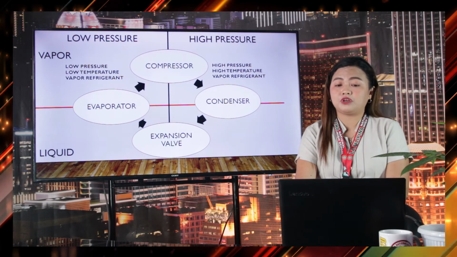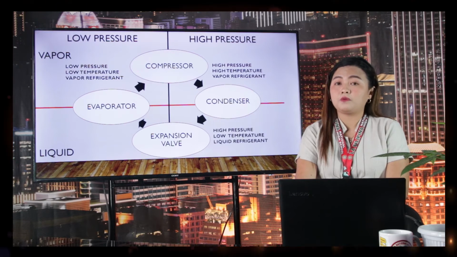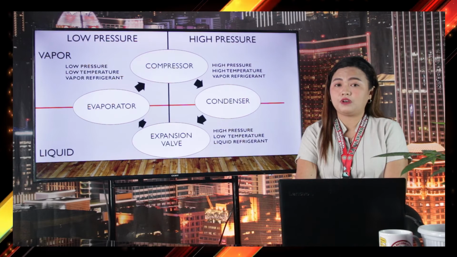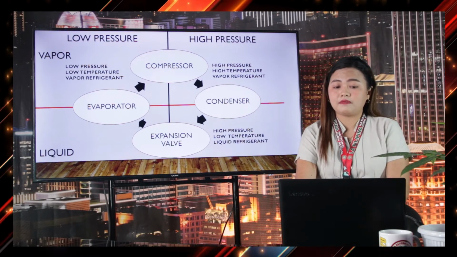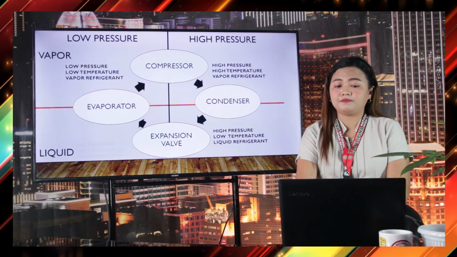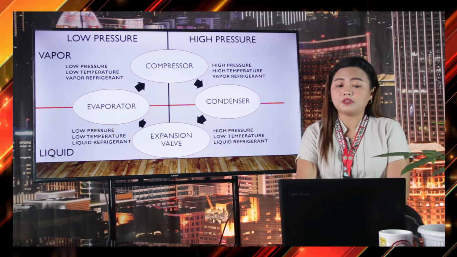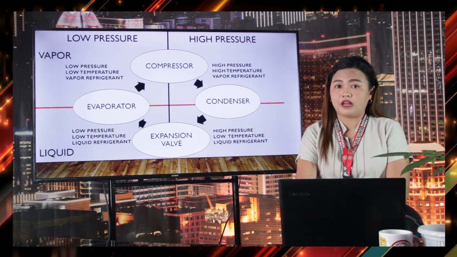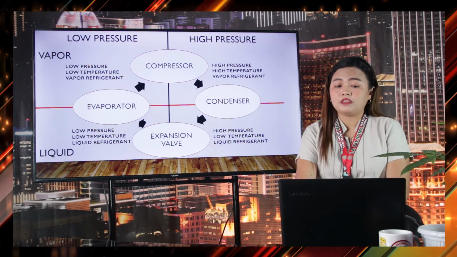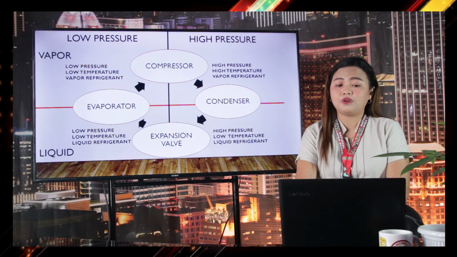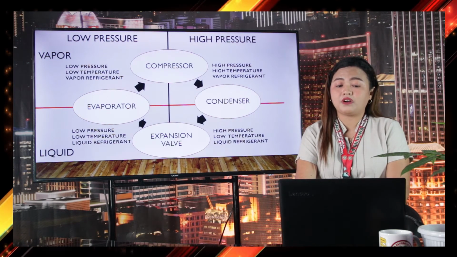This will enter the condenser, resulting in high pressure, low temperature liquid refrigerant, and then the expansion valve will result in low pressure, low temperature liquid refrigerant. Now, this will enter the evaporator, resulting in low pressure, low temperature vapor refrigerant.